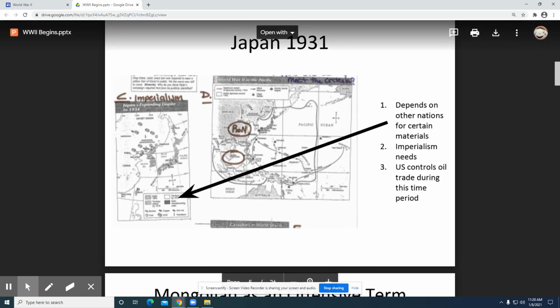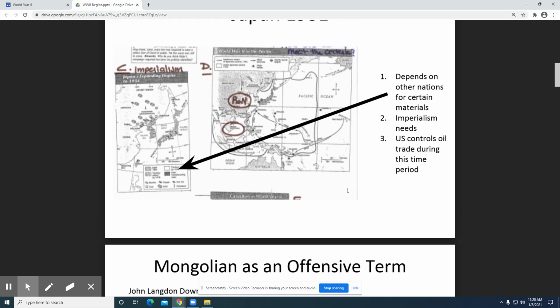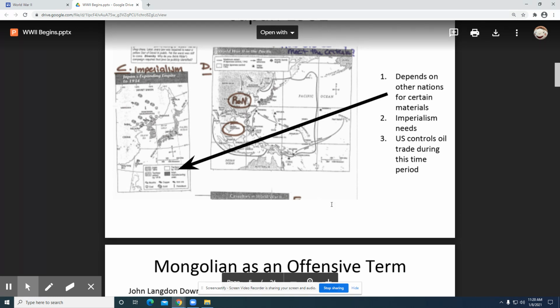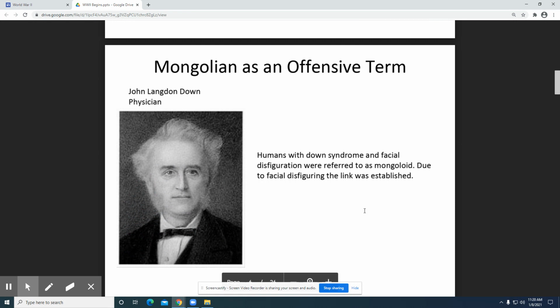I zoomed in on them, so I want you to focus again that Japan is on a quest to obtain resources in order for their military to thrive and to go on with their global political ambition. They definitely are going to have to do something about their inadequate resources, which is why they're moving into this particular region. Now, just another thought here. World War II definitely seems to be about race on some level.